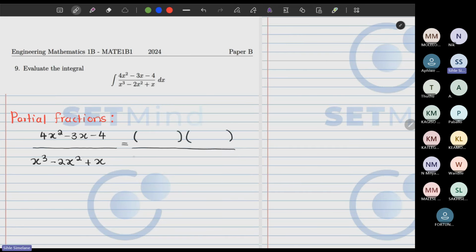If we can't, I can see there's a common factor already, which is x. And the denominator, I can tell it's going to be x minus 1, x minus 1. What about the numerator, guys? Anyone who can see how this will simplify?